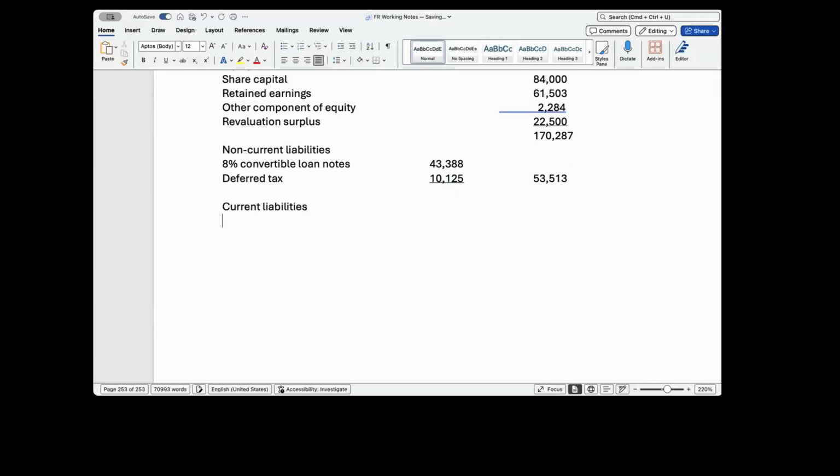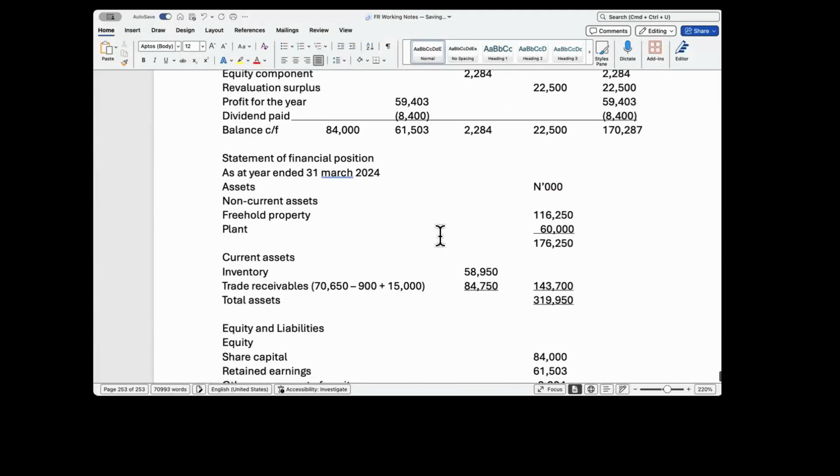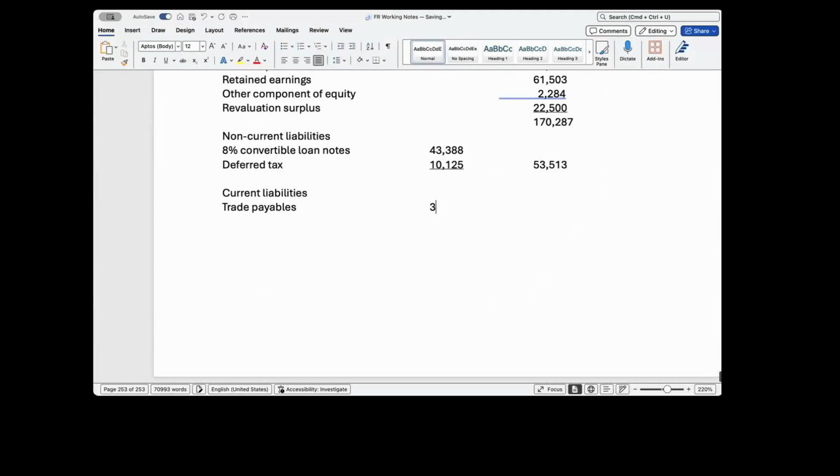My current liabilities, I have my trade payables. How much is my trade payables? 36,750. Then there was a bank overdraft in the trial balance. Can you see it?